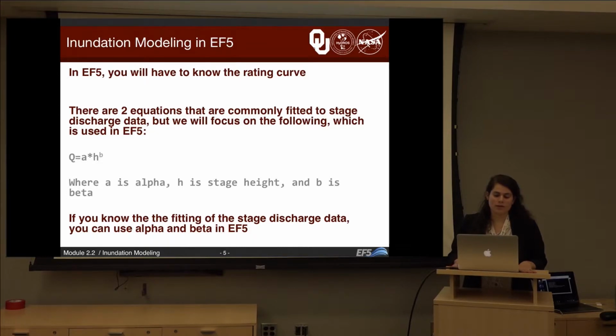So what you'll need to know is your alpha and beta measurements, because then when we simulate stream flow, we can also calculate the height. So if you know the fitting of the stage discharge data, you can use that alpha and beta in EF5.